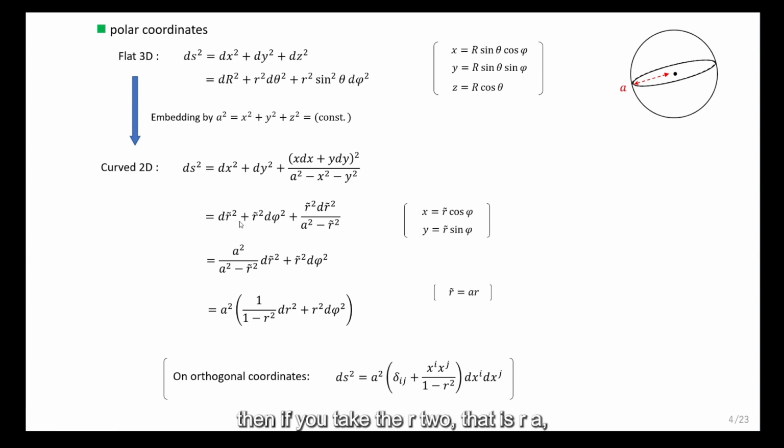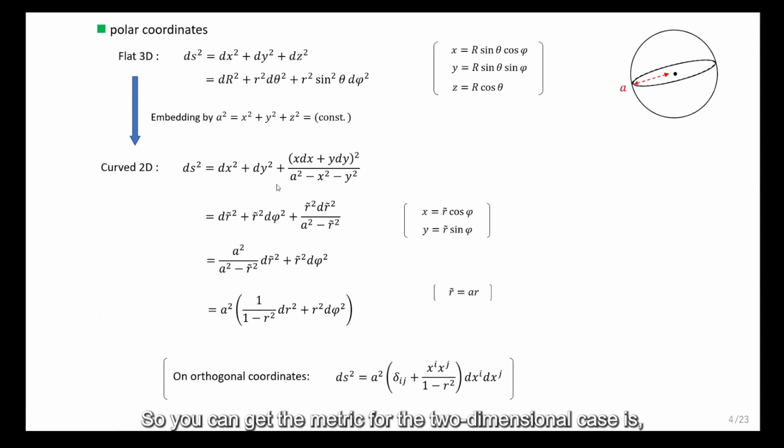After this form, if you take r tilde as ra, defining the scale of the radius by a, finally you can get this form.